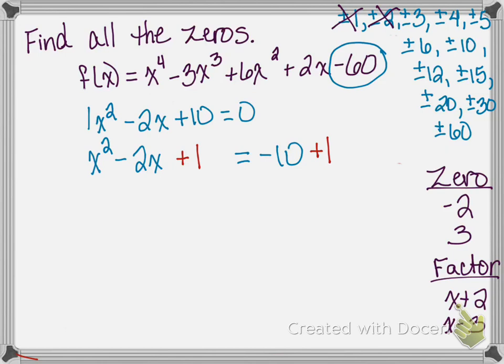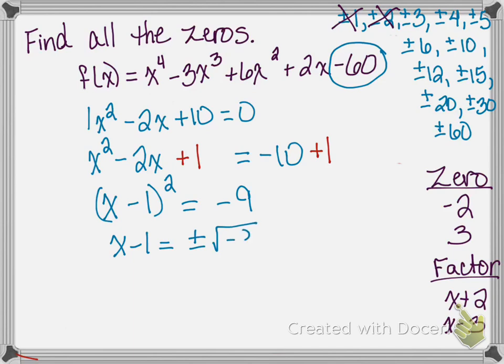Okay? My next step is to factor. So I'm left with x minus 1 squared. That's equal to negative 9. Now, at this point, I take the square root of both sides. And you are in the habit of saying plus or minus the square root of negative 9.